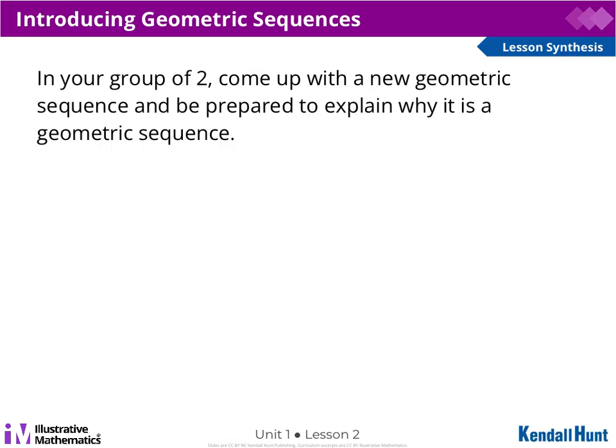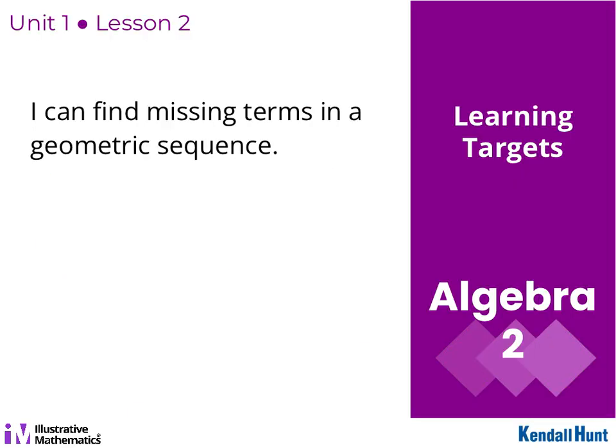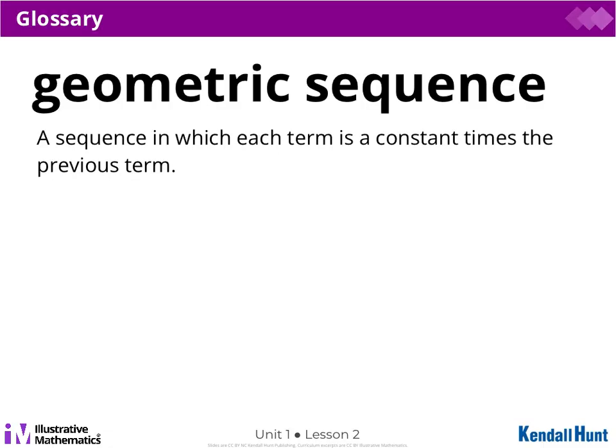Okay, our lesson synthesis is an activity we can do in class. Can you find missing terms in a geometric sequence? Yes, you can. Whenever you see the word geometric, we multiply or we divide. A geometric sequence is a sequence in which each term is a constant times the previous term.